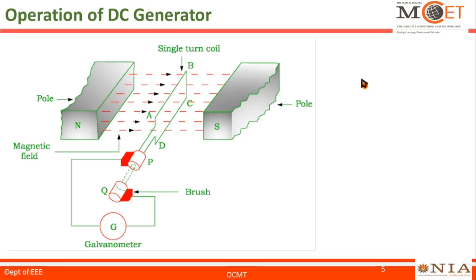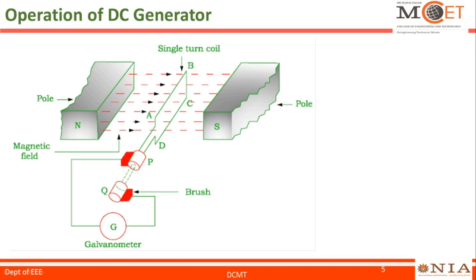Referring to the diagram, consider a generator with a single turn rotating in a uniform magnetic field with constant speed. As the loop rotates, the flux linking the coil sides AB and CD changes continuously. Hence, EMF induced in these coil sides also changes, but the EMF induced in one side adds to that of the other.